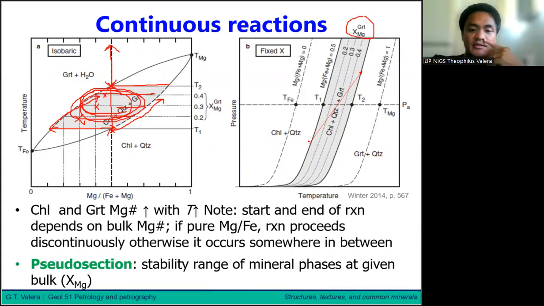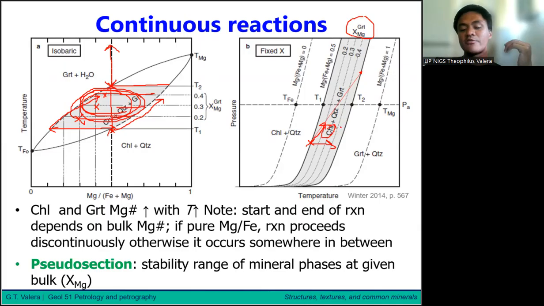So if, for example, we have a rock with initially chlorite and quartz, as temperature rises, for example, this way, o kaya yung arrow na red dito, this way, yan. Eventually, as temperature rises, it forms more and more garnet, and it consumes more and more chlorite.